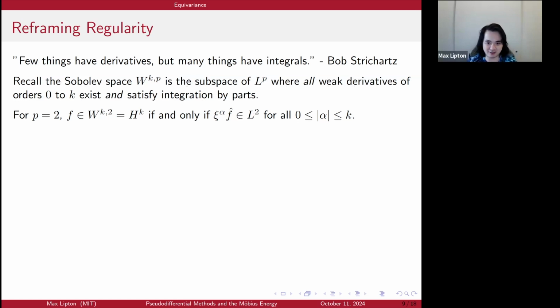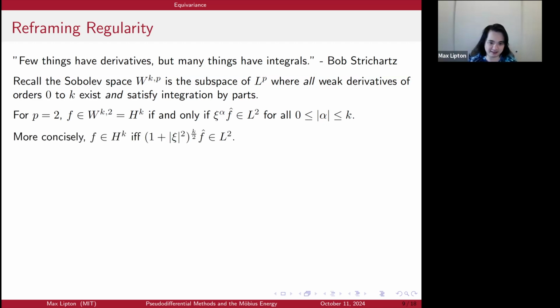And so since we're starting with a function in L2, the Fourier transform operation is something that's unambiguously defined. And so the only issue is if we multiply by a monomial in frequency space, we want to be able to transform back, and so we want the product to still be in L2, and that requires decay of sufficiently rapid speed on the frequency side.